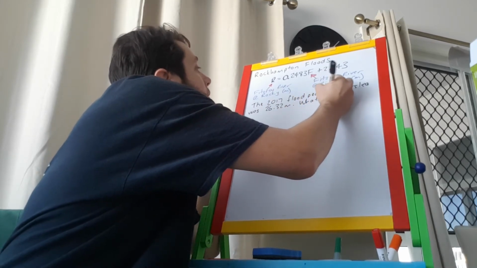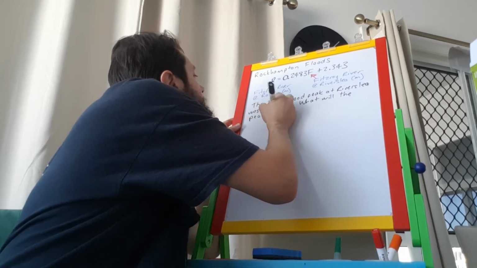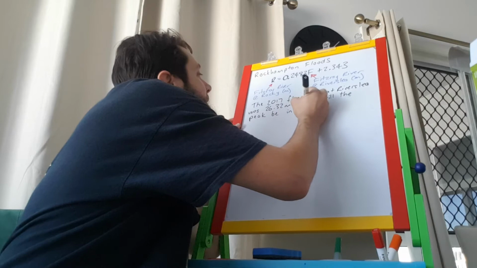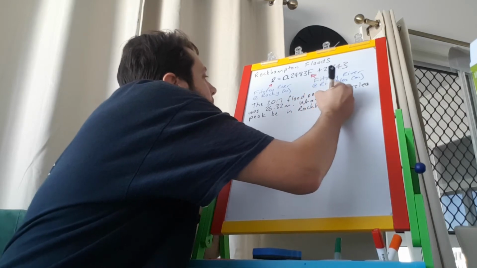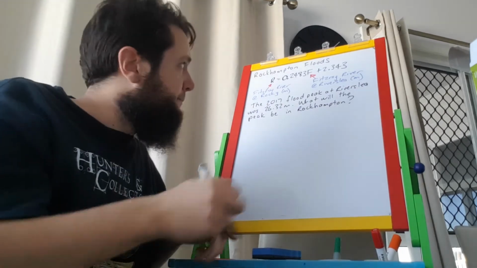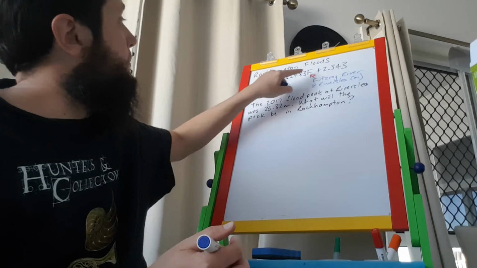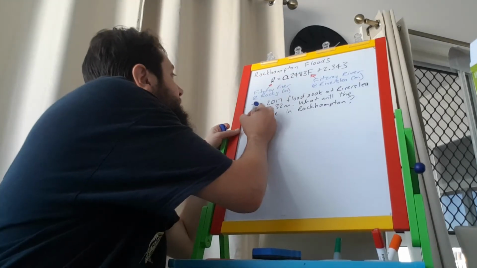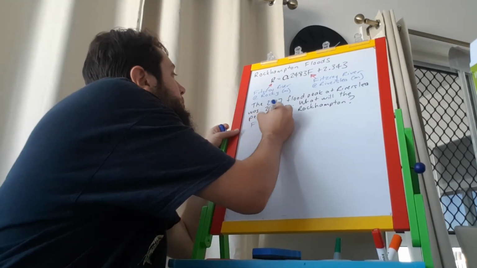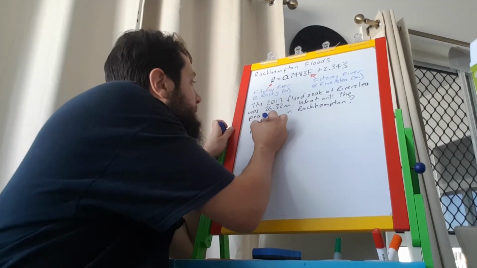What will the peak be in Rockhampton? So this is using your linear model. The Riversley peak is represented by the letter F, so we know that F is 26.32. What we want to know is R.